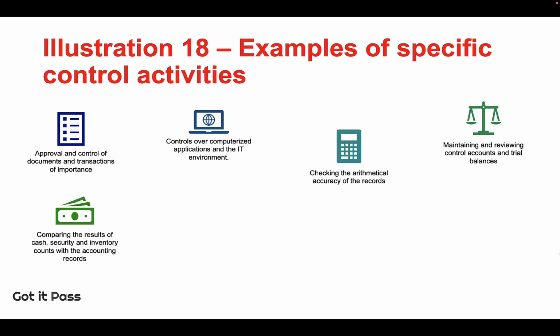Another example is comparing the results of cash, security, and inventory accounts with the accounting records. In general, for assets like cash and inventory, we have to perform the stock or physical count on a regular basis. If we hold a lot of cash, we may need to count the cash on a weekly basis.